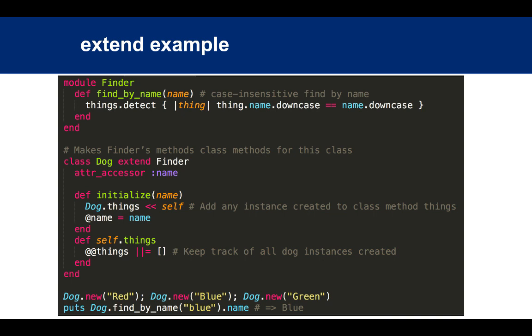And the reason why it's a dog class method is because you use the extend syntax to bring in these methods of this finder module as a class method, not as an instance method. So you could do find by name, pass in the value that you're looking for, that gives you the instance of a dog back, and then dot name prints out the actual value.